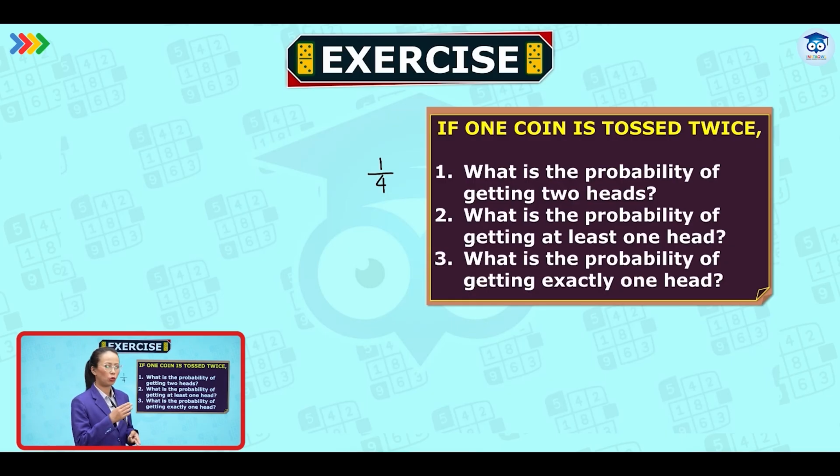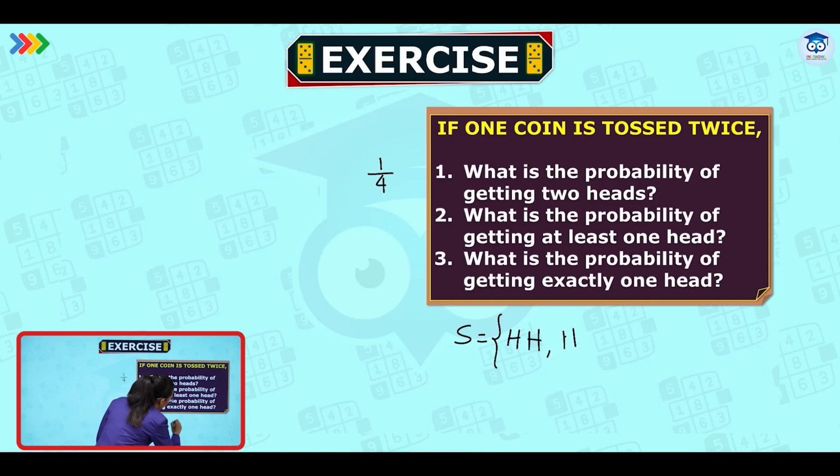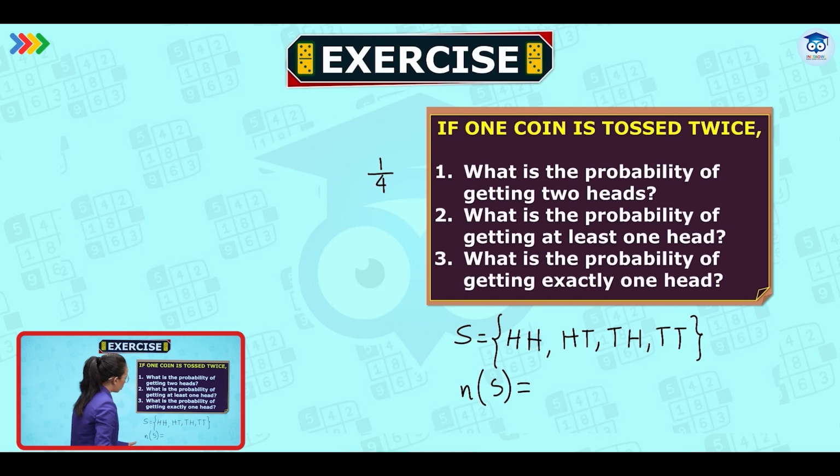Either you may get 1 head or 2 heads is also possible. So in the sample space we have head head, head tail, tail head and tail tail. N of S, the total number of possible outcomes, is 4.